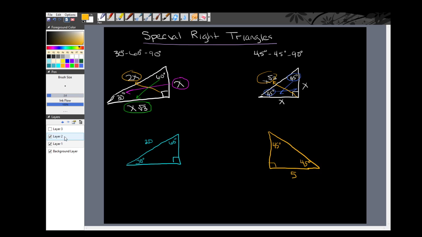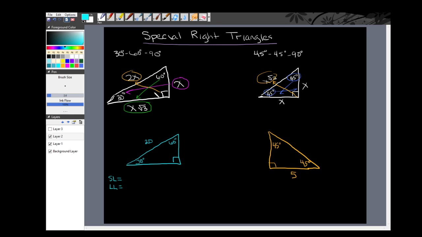So let's go ahead and try a couple of examples. Here we have a 30, 60, 90, and I need to find my short leg and my long leg. In terms of notation, I'm going to use SL to mean short leg and LL to mean long leg.